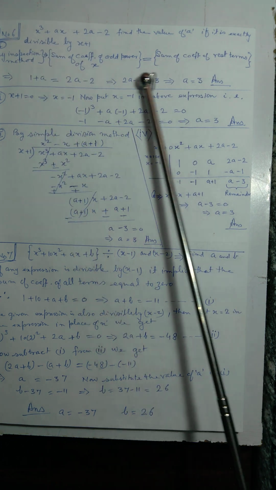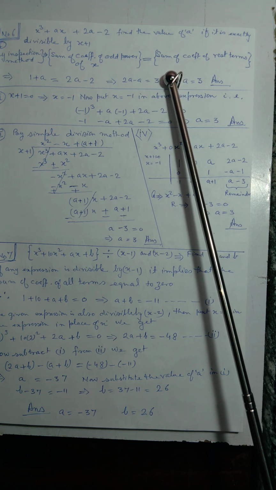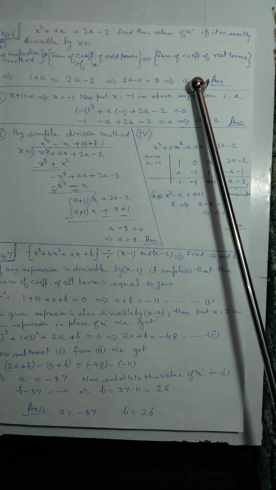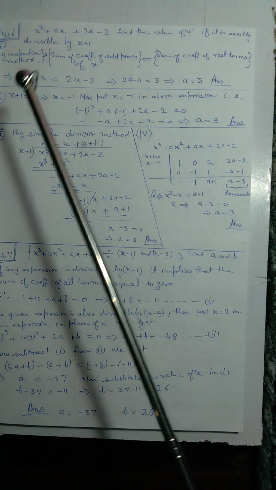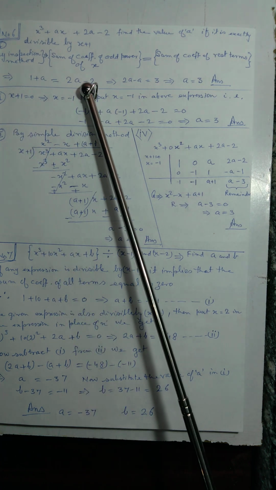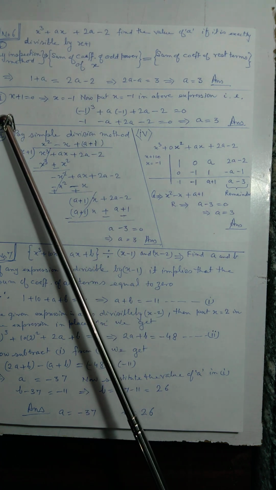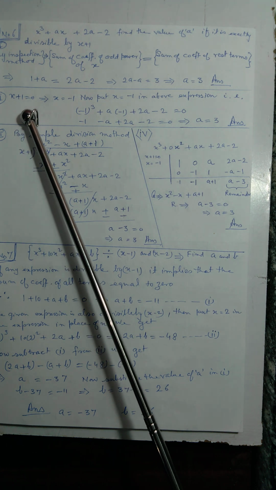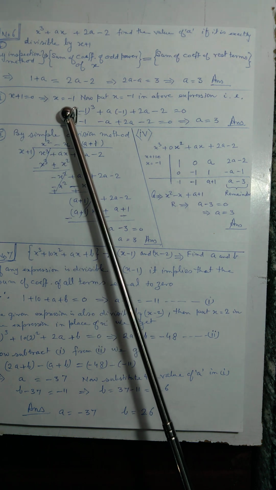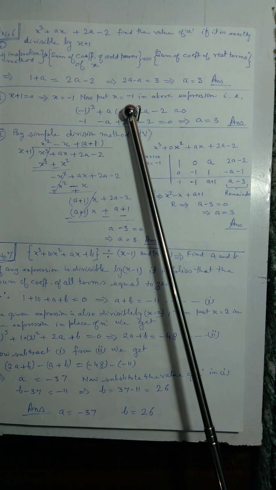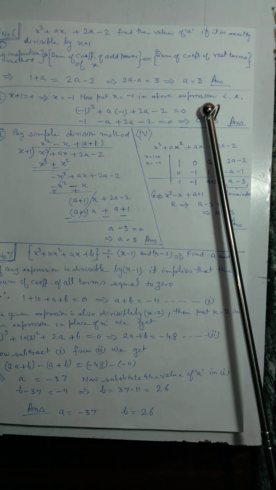But it is a very simple method. If you have understood it fully, then it is more convenient to do it. But if you have not followed it, please proceed to the second method. Put x plus 1 equal to 0, so x is equal to minus 1. Now put x equal to minus 1 in the above expression.